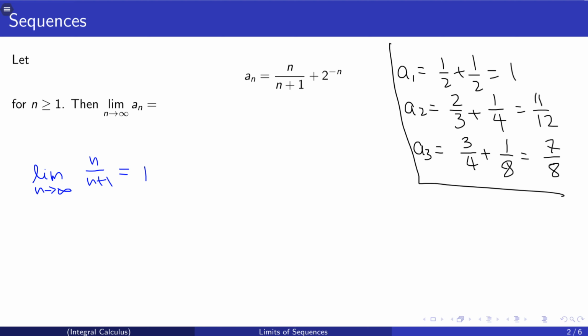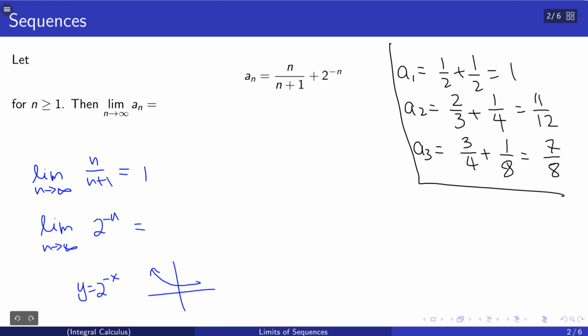How about 2 to the minus n? What do you think happens to 2 to the minus n as n goes to infinity? Well, we kind of know what happens to the graph of y equals 2 to the minus x, right? It has a horizontal asymptote at y equals 0. As x goes to infinity, that's just 1 over 2 to the x, which goes to 0. And so we're going to make a guess here that maybe the limit of 2 to the minus n is 0.